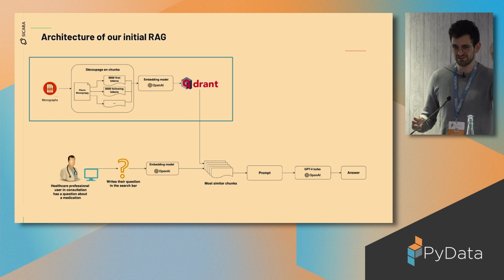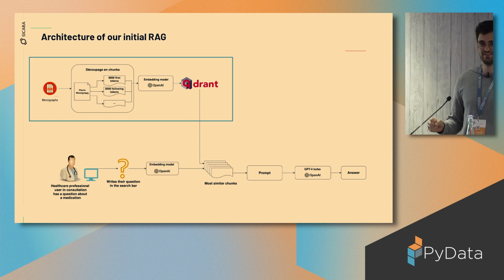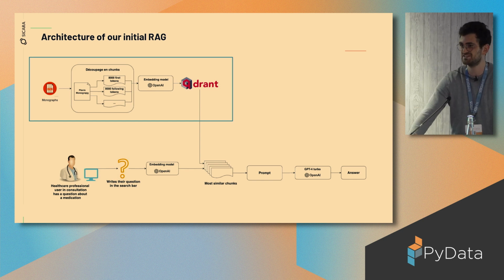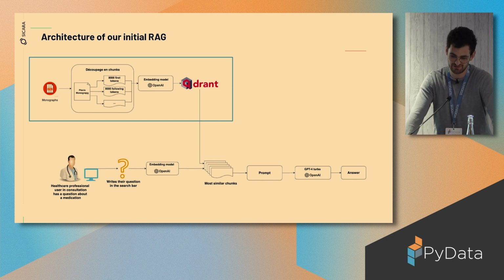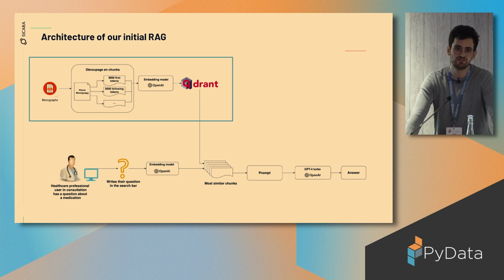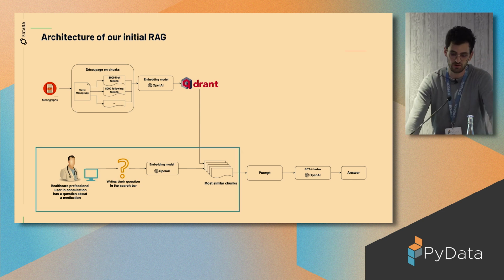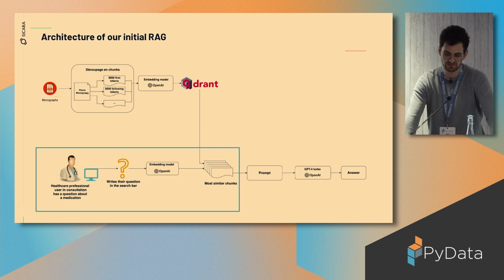It creates a vector out of each piece of document. And the idea is that 2 vectors which are close represent 2 documents which semantically mean similar things. And we put all of this in a vector database, which is a system optimized for storing and querying these vectors. And then a healthcare professional writes a question.